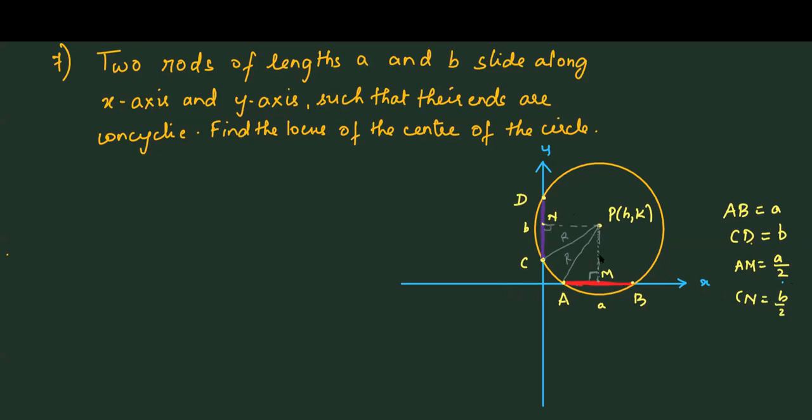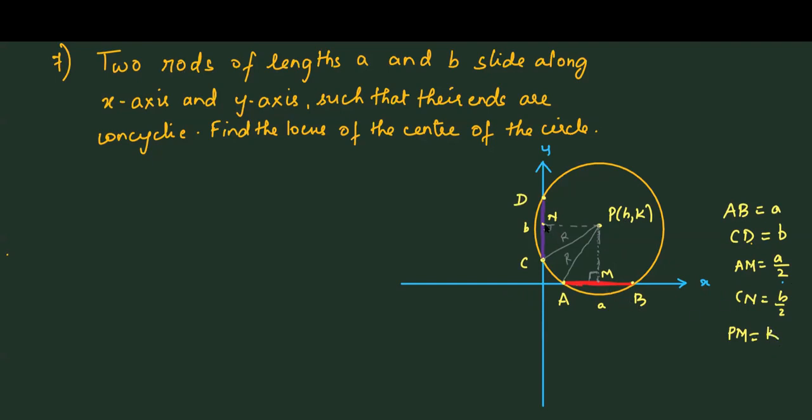What is the length PM? PM is k, because see the coordinates. This length is k, the distance from the x-axis.